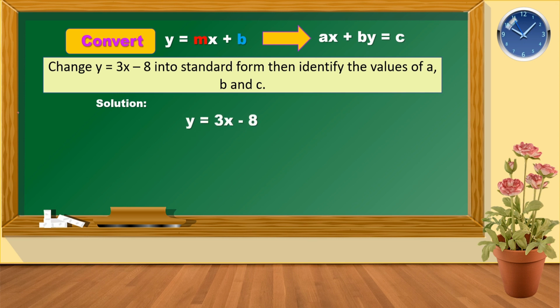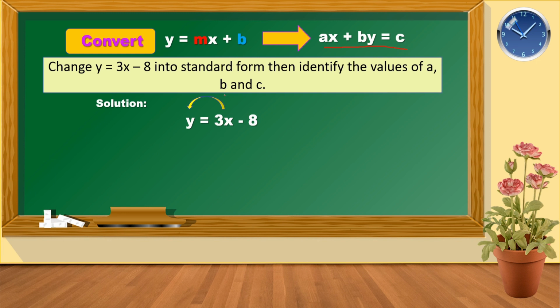Okay, what we will do is rewrite the given, which is y equals 3x minus 8. So, let's go back to our standard form. As you can see, in our standard form, on the left side of the equation, x and y are together, the variables x and y. So, what we will do here is transpose 3x to the left side of the equation so that it becomes standard form.